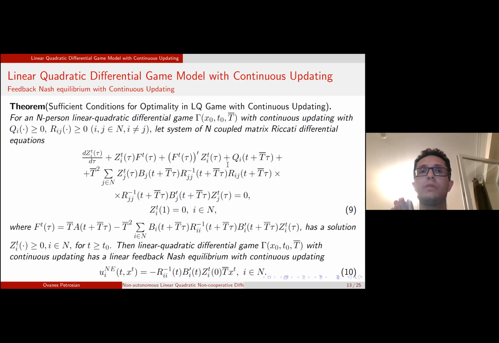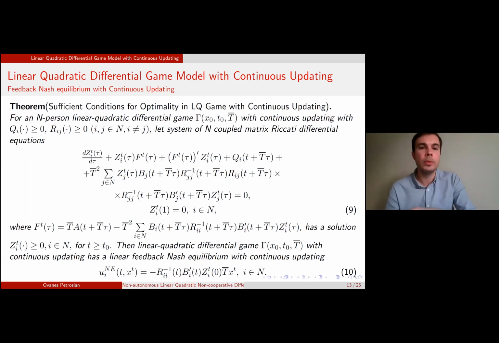The only horizon that I consider is from t to t plus t dash. So for every current time instant t, we look ahead for t dash. But actually, the Nash equilibrium or the strategy profile 10 can be applied for a closed time interval, or for an infinite time interval.